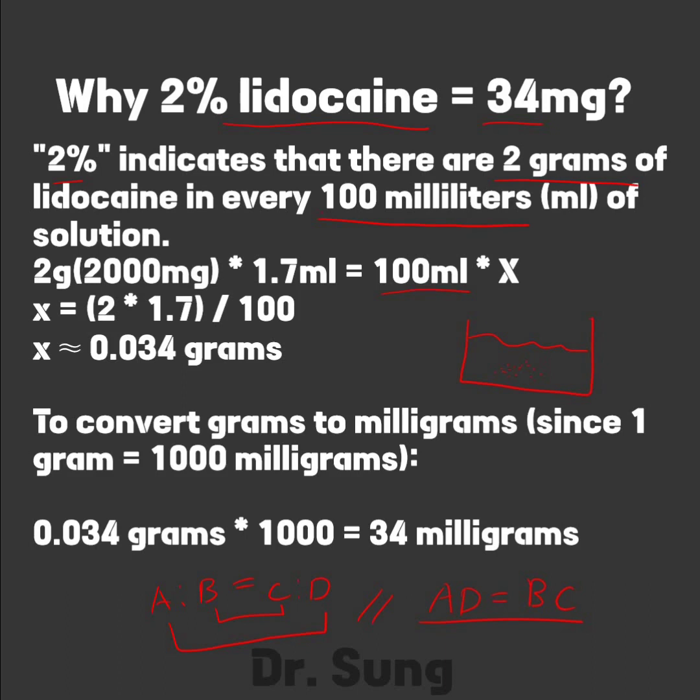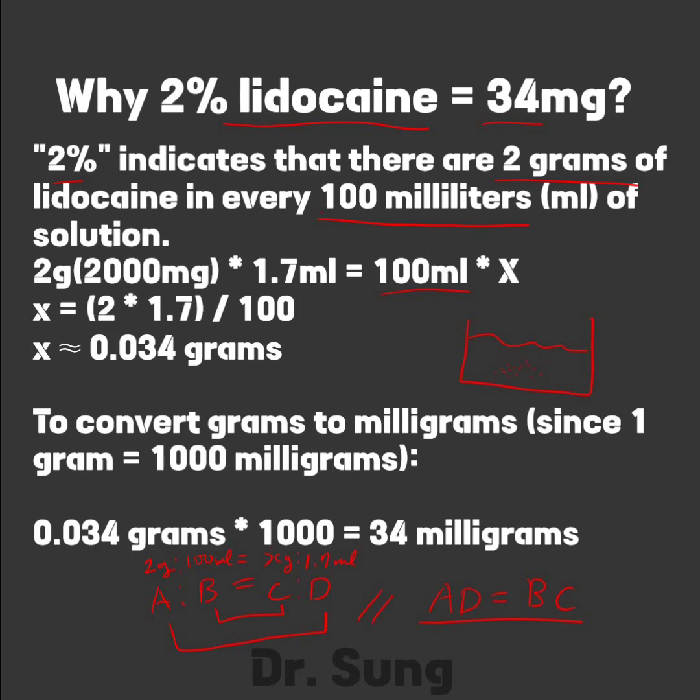If you make a proportion, let's say A is 2 gram, and B is 100 milliliter, and then X gram versus 1.7 milliliter.